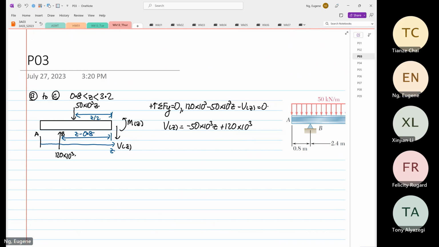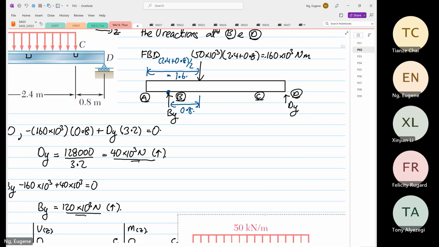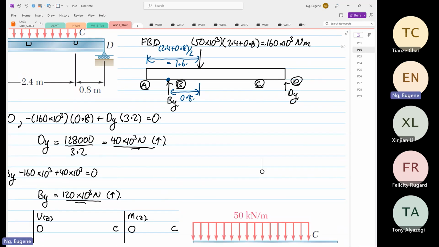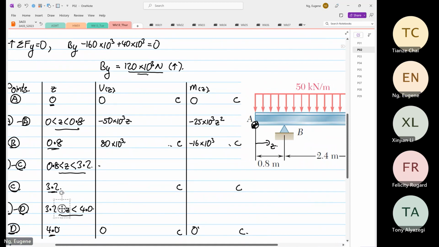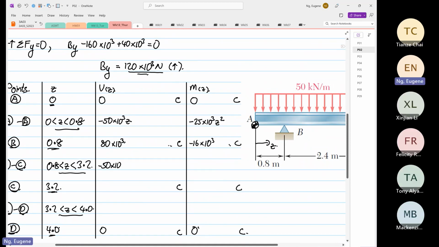Okay. So that is our shear force equation, right? So we come back here: minus 50 times 10 to the power 3 Z plus 120 times 10 to the power 3.